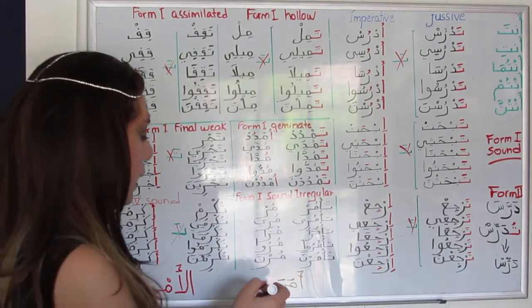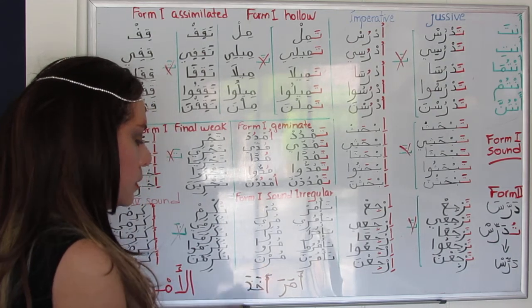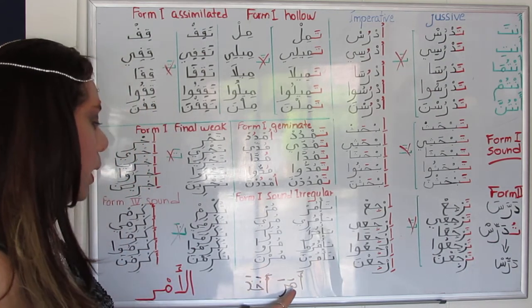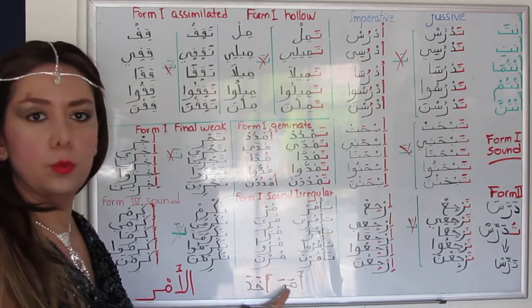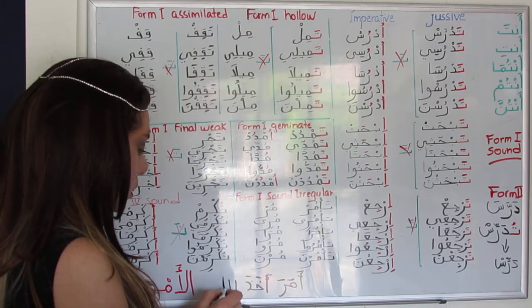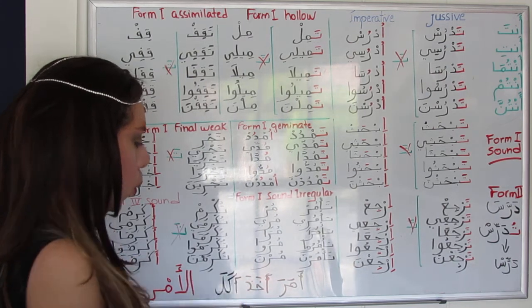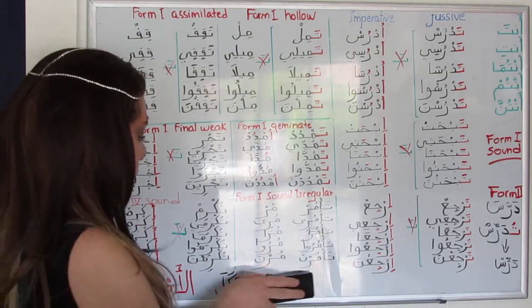Or the verb akhada, to take, starts with hamza. So if you are able to find the command of amara, it would be the same for akhada or akala, to eat. You just have to know one example to apply it to the other ones.